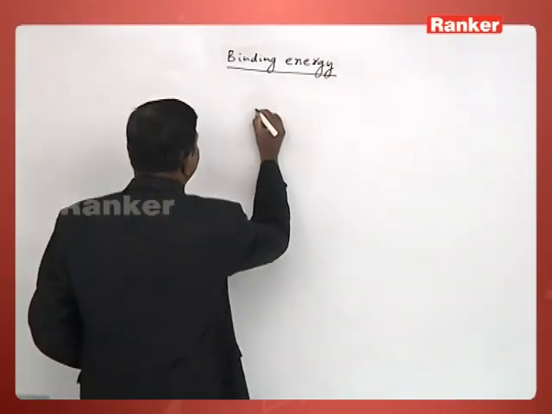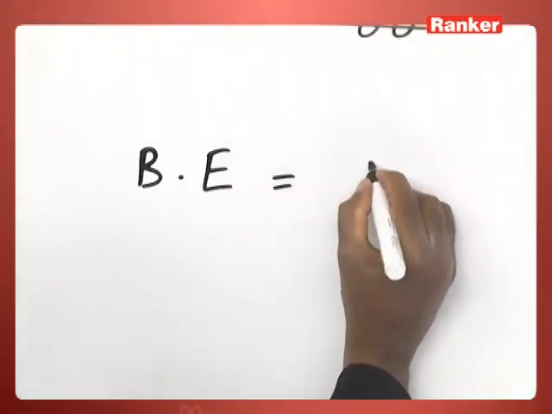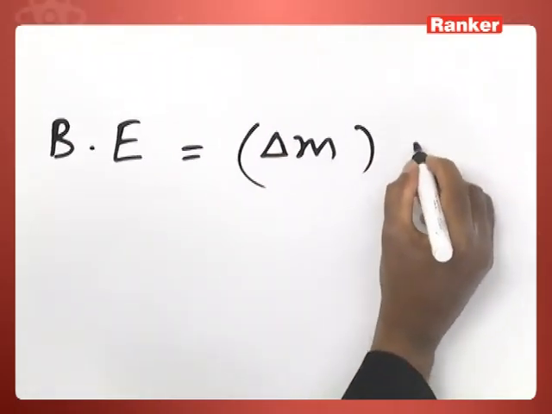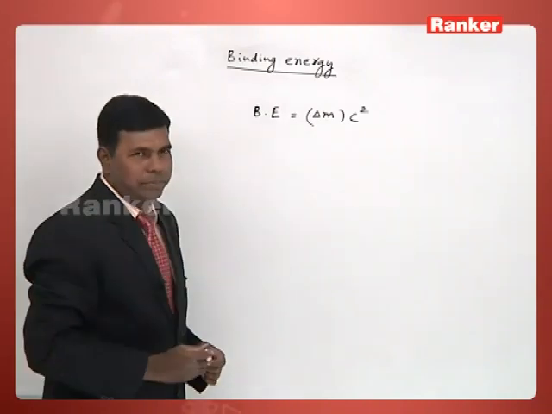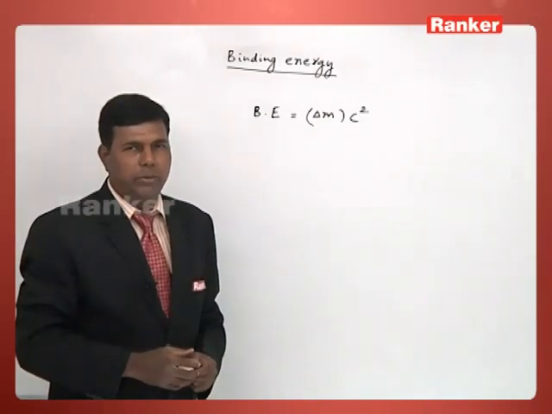So we can write binding energy as delta m, which is nothing but the mass defect, multiplied by c square. That is how binding energy comes into the picture in the case of a nucleus.